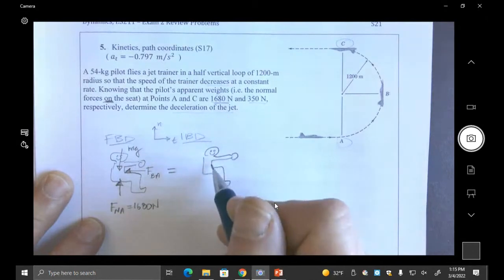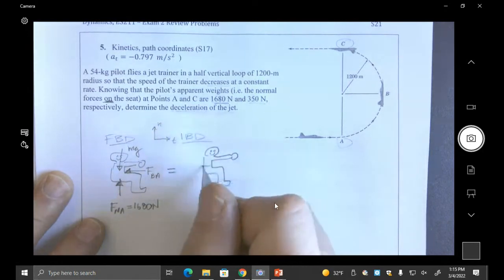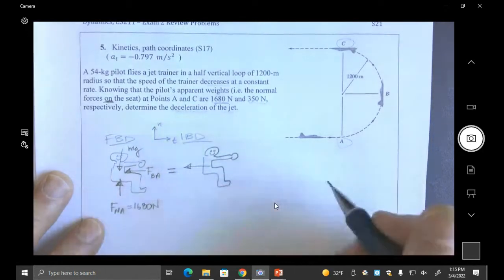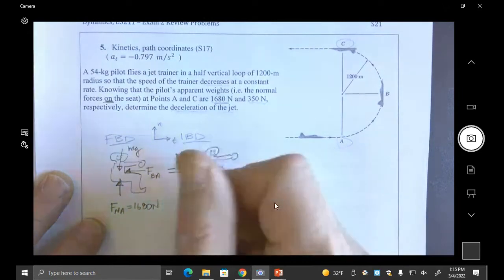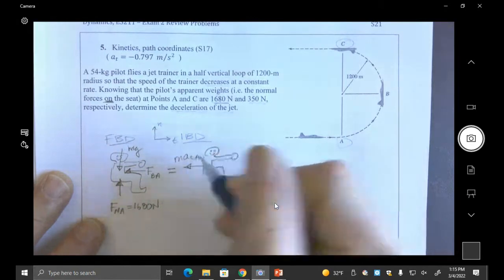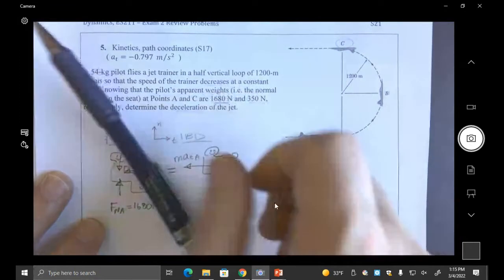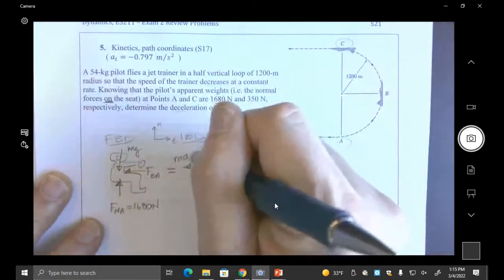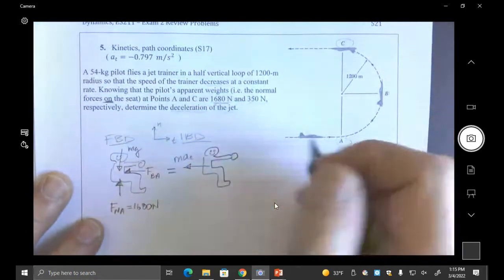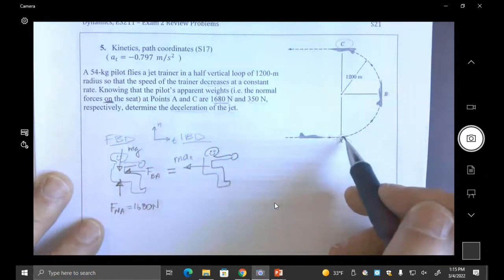Then I go and see what kind of accelerations. They actually told us he's decelerating right here. So we can have intuition to say his tangential acceleration must be in that direction. So we go m, a_t, and maybe I'll say a_tA. It's probably the same, right? Because they did say he decreases at a constant rate. So he could be the same tangential everywhere. It doesn't matter. Here, on the other hand, we're going to assume that this A is inside the turn, right?